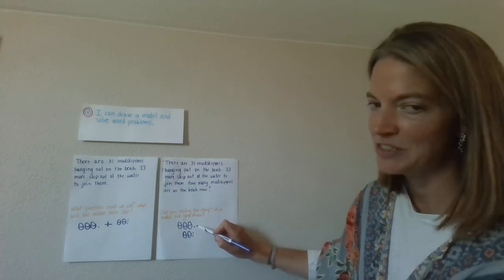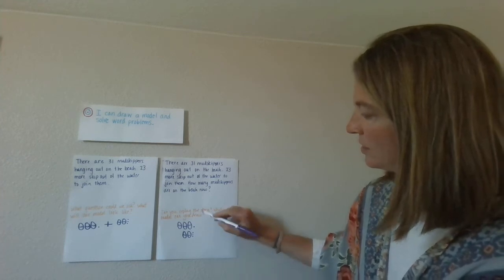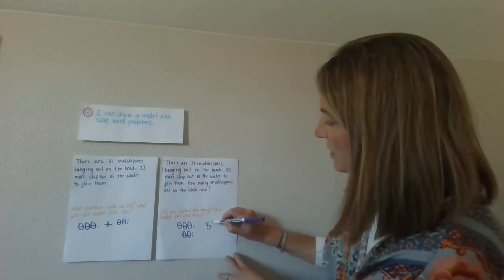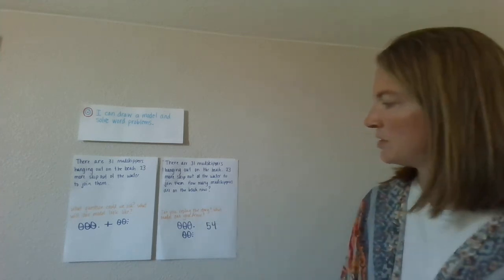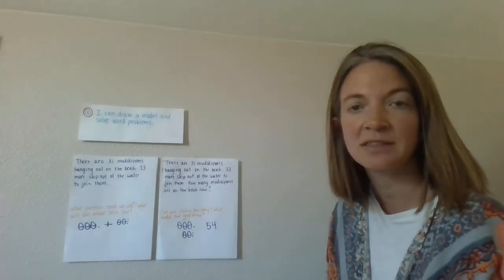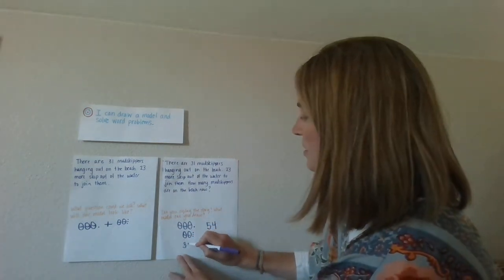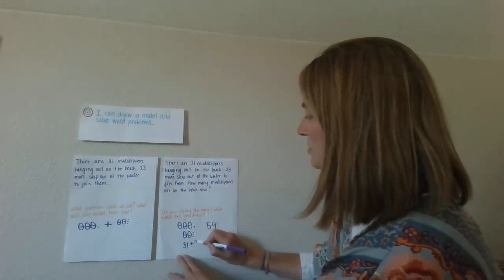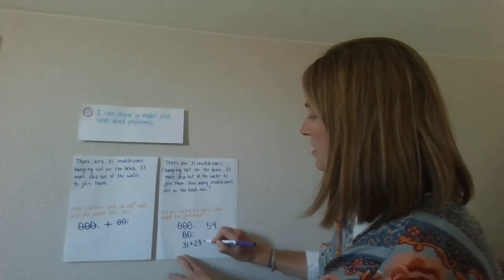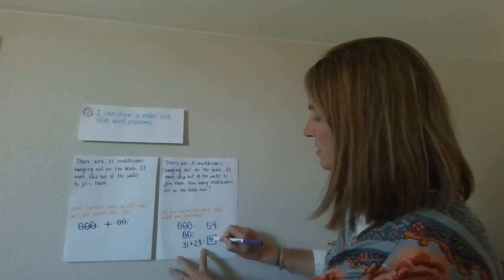And then I can count my ones, 51, 52, 53, 54. So I can see that there are 54 mud skippers on the beach altogether. And if you wanted to write this with an equation, then you could say 31 plus 23 more equals 54.